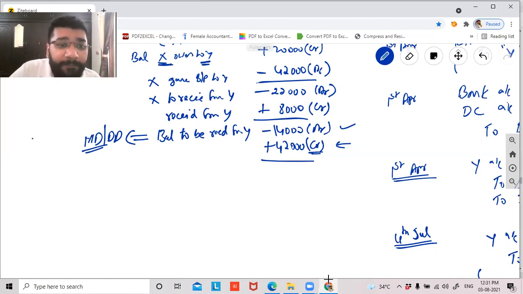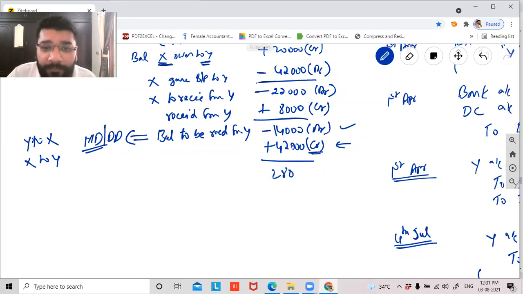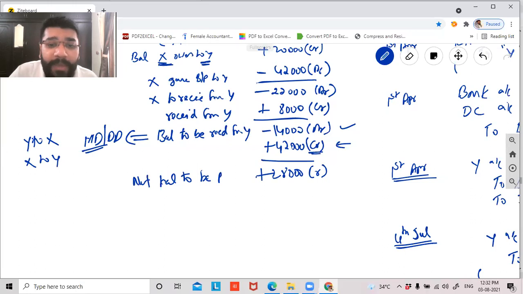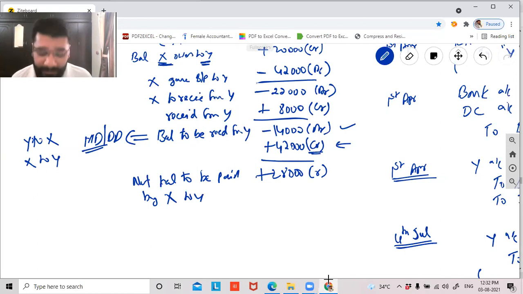This amount Y has to pay to X, and this amount X has to pay to Y. So net, what is the balance? Can I say net 28,000 rupees is positive? Plus 42 and minus 14, we'll get plus 28. The net balance to be paid by X to Y is 28,000 rupees.